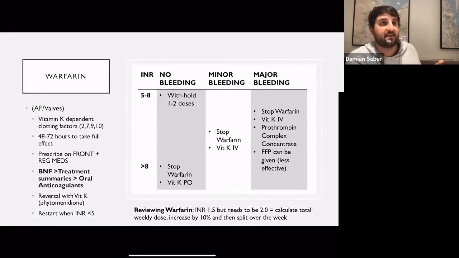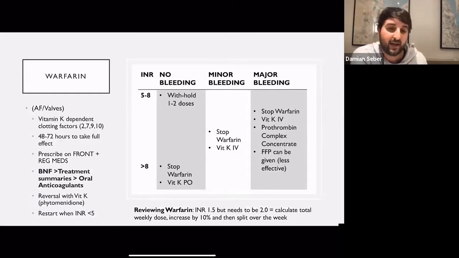So if it's 30 milligrams they have in a week, you need to increase it to 33 and then divide that by 7 and work it out with like 3, 4, 2 milligram tablets until it adds up to 33. If the INR is too high, that's when you hold doses.